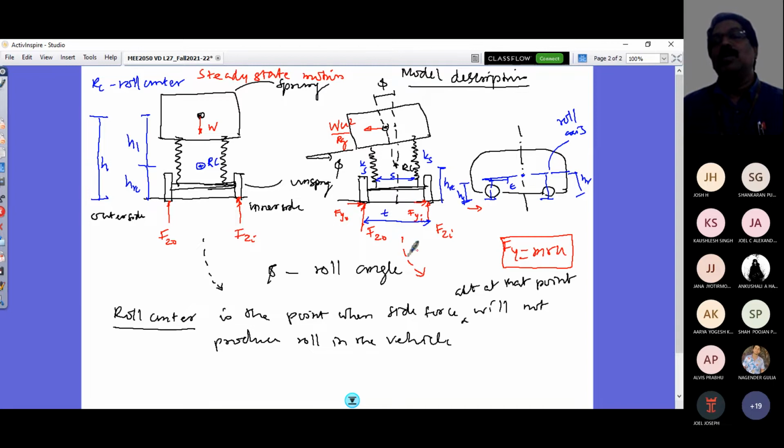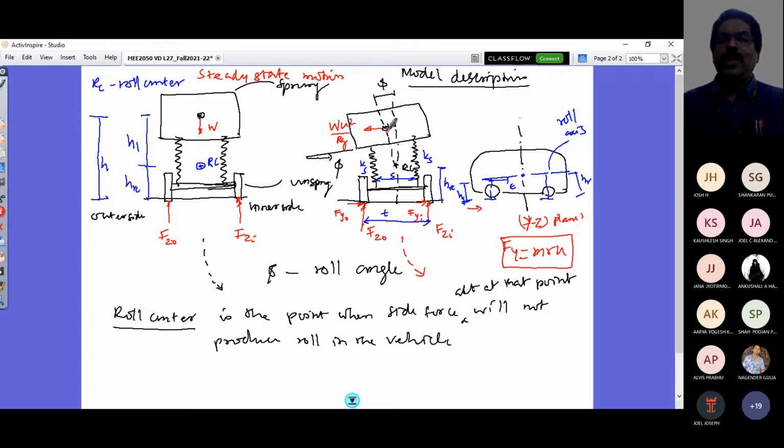This diagram is drawn in the YZ plane for dynamic equilibrium. So this line is drawn as the YZ plane.